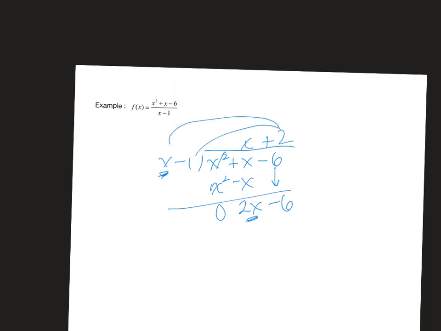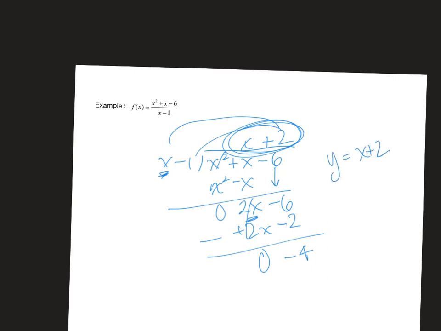And then I multiply, that's a positive, 2x minus 2. And then when I subtract, this becomes 0. When you subtract a negative, it's the same as adding, so this becomes negative 4, but the remainder doesn't even matter. We are just looking for the quotient. So this slant asymptote is y equals x plus 2.